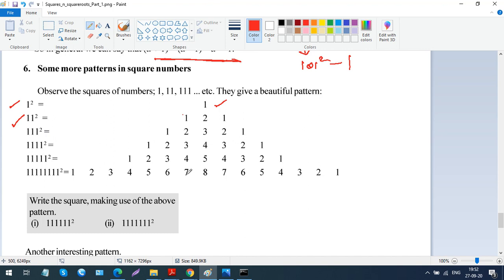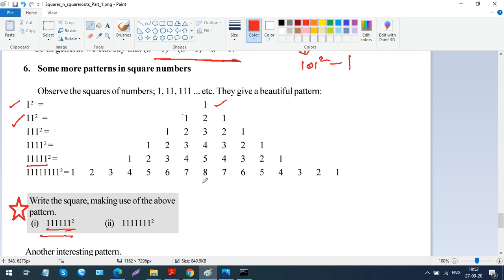Now they are asking you to write the square making use of the above pattern. So what will you do? How many numbers are there? 1 2 3 4 5 6, 6 numbers, right? So 6 numbers means you can think of the middle number.